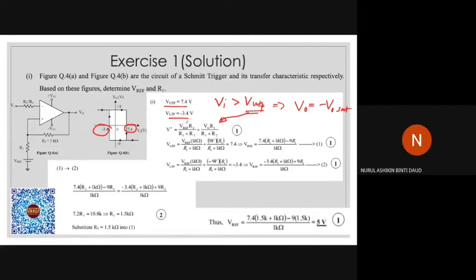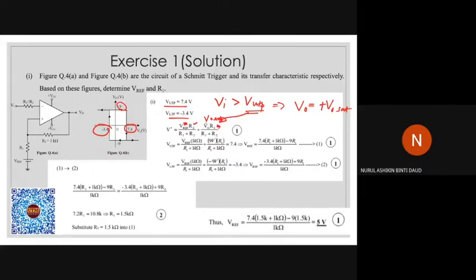V reference you didn't know, you need to find it, but the R2 value is given to you. Sorry, this is for if V input is bigger than VUTP, the value of V output will be the positive VO saturation, because it begins from here. So here will be the value of positive VO saturation. And then R1 is the one that you need to find.